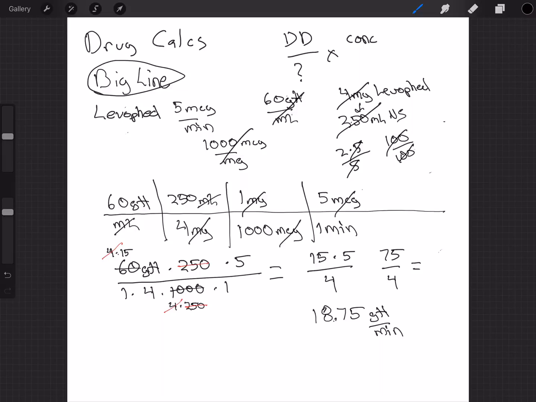So in my paramedic school, you had to do everything out to the decimal places. Obviously, in the real world, you would round that and you'd say 19 drops a minute. But anyway, this is the big line method.